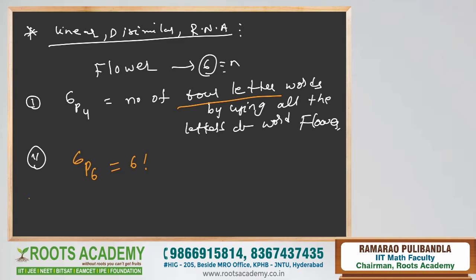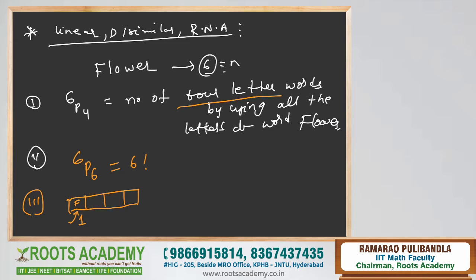Got it? Third question: number of 4-letter words that can be formed with flower but starting with F. Try to understand. I need 4-letter words, but that should always start with F. Now I am fixing F here. That can be done in one way. I can fix one letter F in one place in one way.